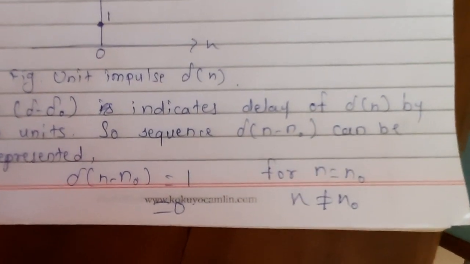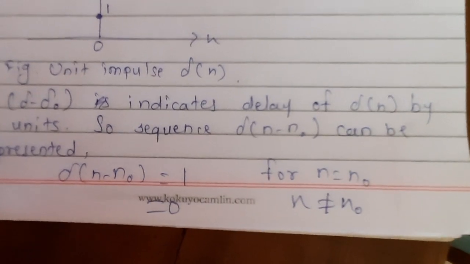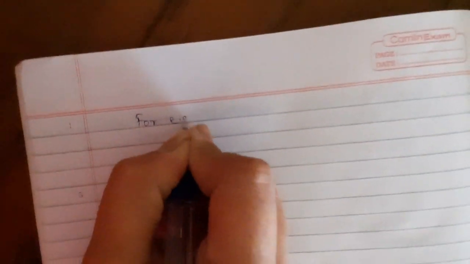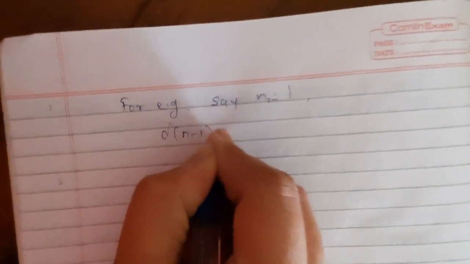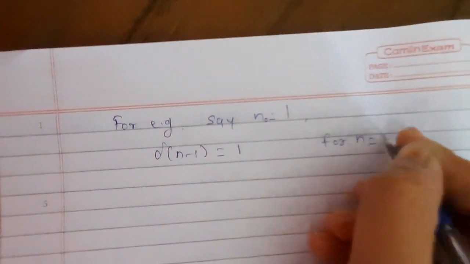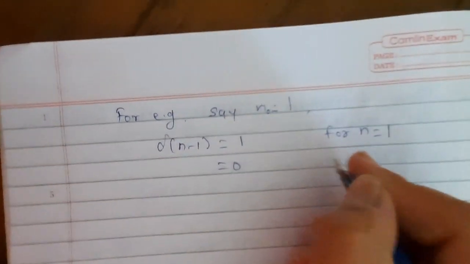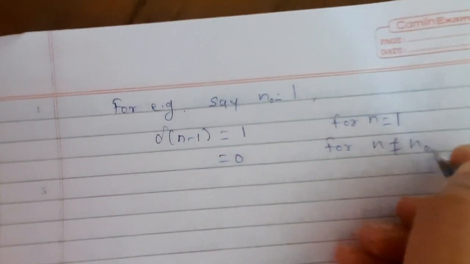For example, say n0 is equal to 1, so the equation will be delta of n minus 1 is equal to 1 for n equal to 1, and it is 0 for n not equal to n0.